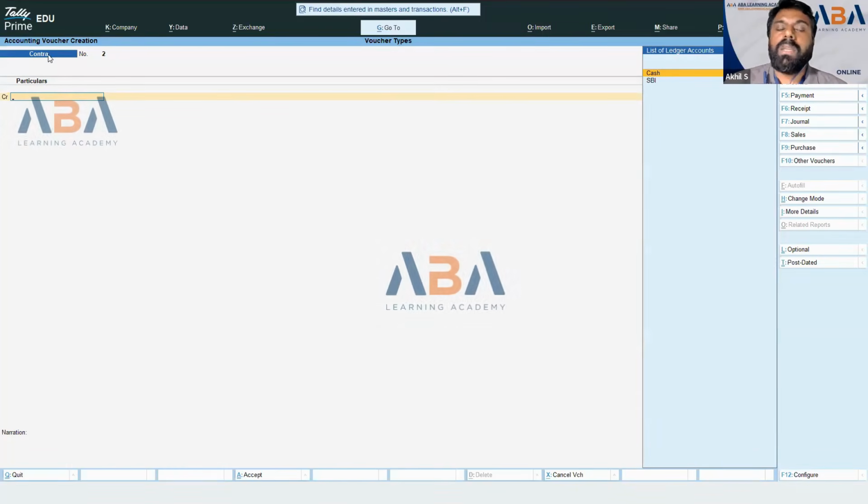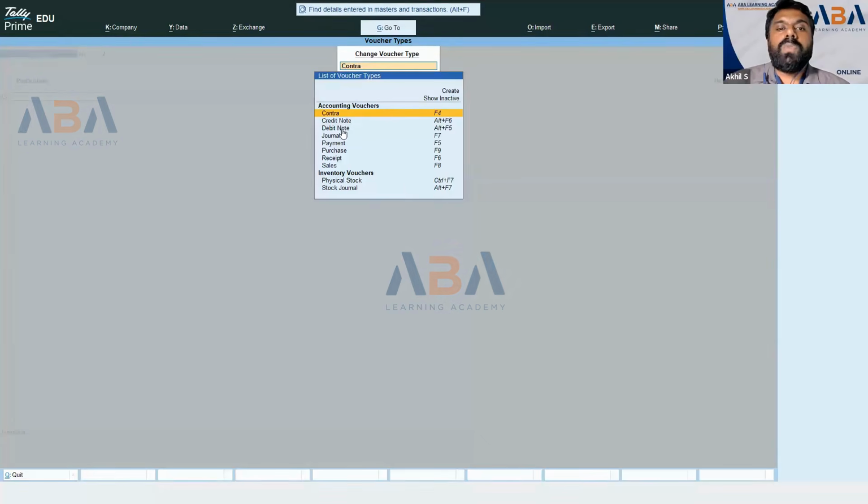So right now we are in the contra voucher and you can see double entry. This is currently in double entry mode, credit and debit. Okay. So this is the accounting voucher. Next we can see payment, then receipt, journal, sales, purchase, other vouchers. So if you click on other vouchers, you will be able to see all the different types of voucher types.